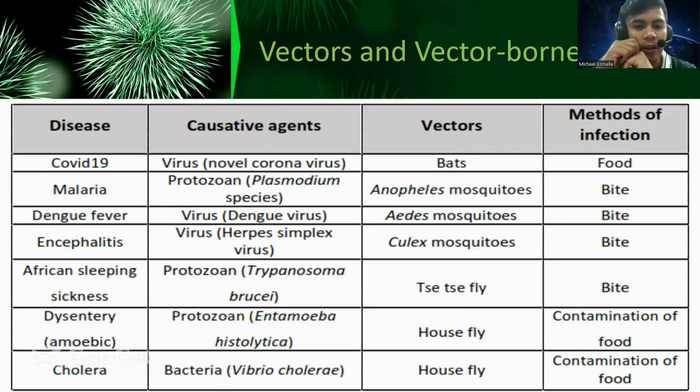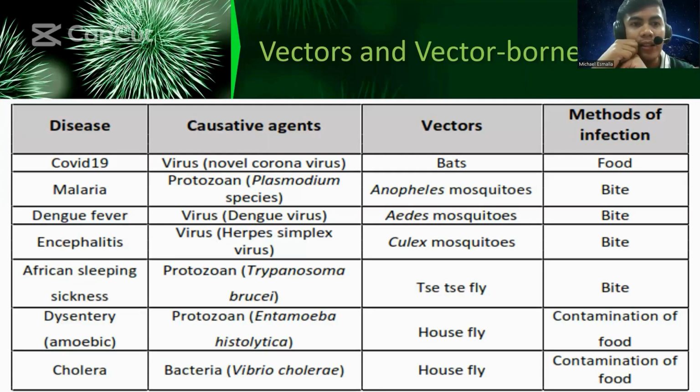We have here Trypanosoma brucei, and the vectors are tsetse fly. And then through biting pa rin. Dysentery, okay, amoebic dysentery, it's very common. It is caused by a protozoan which we call Entamoeba histolytica, and it's being carried by housefly. And then it can transmit diseases through food contamination.